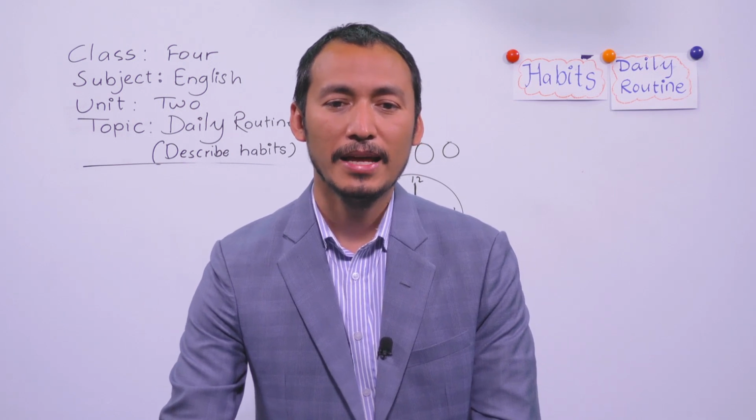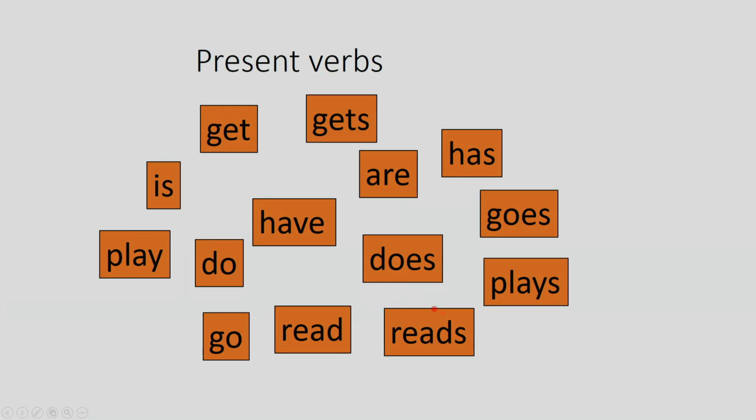For example, I read books every day, or she reads books every day. With he and she, you use the verbs with s or es, and with I and we you use the verb without s or es. Okay, there are two kinds of verbs here, with s and es, and without s and es.